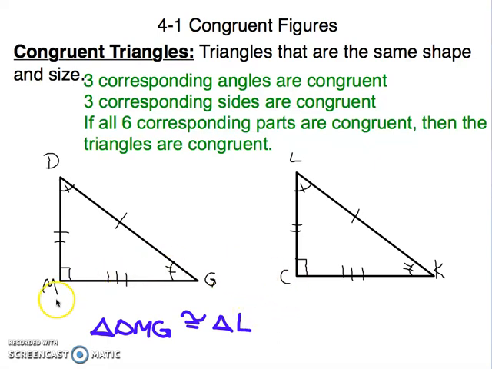Angle M corresponds to C, and we would write that second. Angle G corresponds with K, so we would write that third. So triangle DMG is congruent to triangle LCK. This right here is a congruency statement.